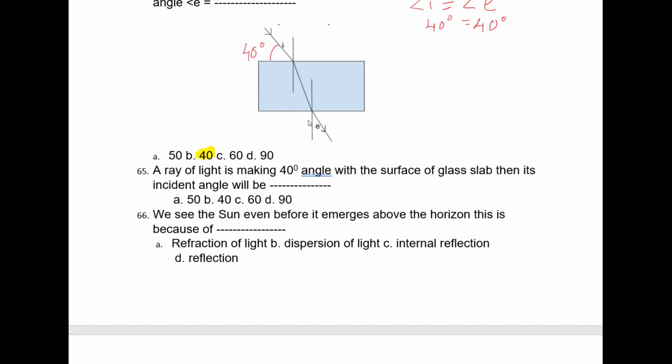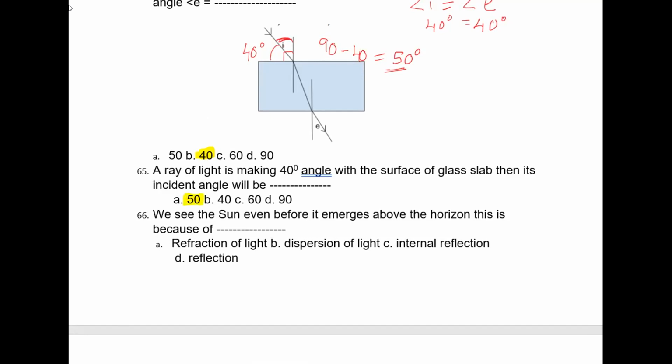We know that this is normal, so this will be 90 degree. Angle of incidence means angle between the incident ray and normal. So this will be equal to 90 minus 40, that is equal to 50 degree. So the answer is 50. That is option A is the correct answer.